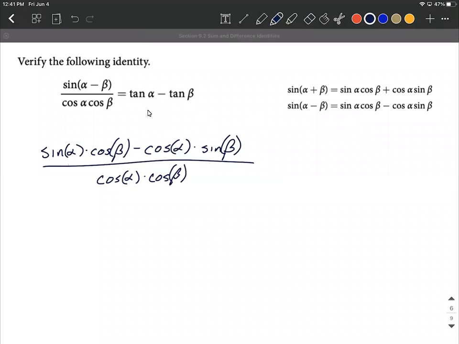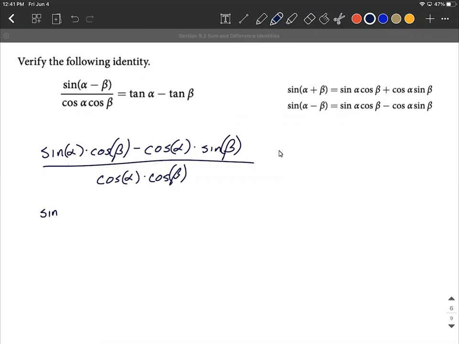Eventually we want to end up with ours looking exactly like what's on the right-hand side. So I notice it's not one big fraction on the right-hand side, it's two separate tangents being subtracted along the way here. So that's one good indicator that I'm going to go ahead and split this apart. I'm going to take my denominator and take one copy and put it with the first term in the numerator and a second copy and put it with the second term in the numerator.